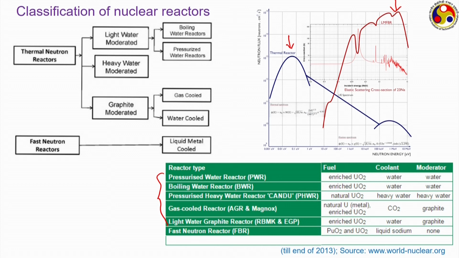And we can also see in the first 2, that is PWR and BWR, water acts as both moderator and coolant, whereas in the case of the pressurized heavy water reactor, heavy water is used as both moderator and coolant. In the case of the gas cooled reactor, the moderator is graphite and the coolant is a gaseous material like carbon dioxide.